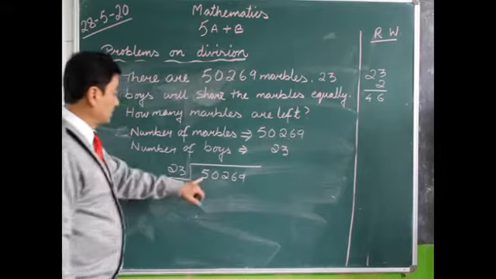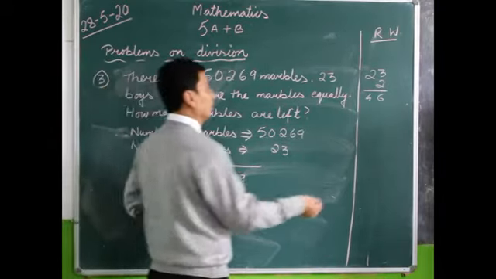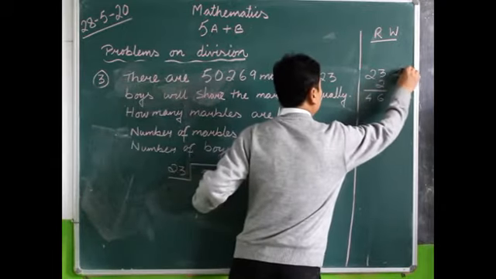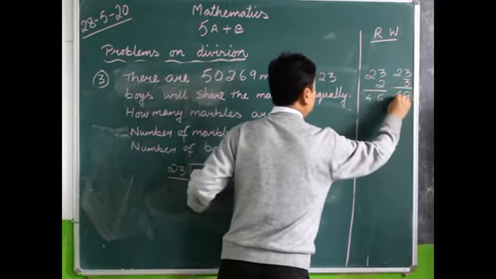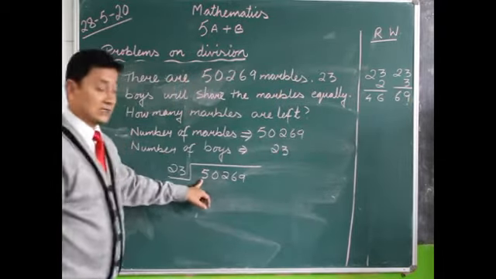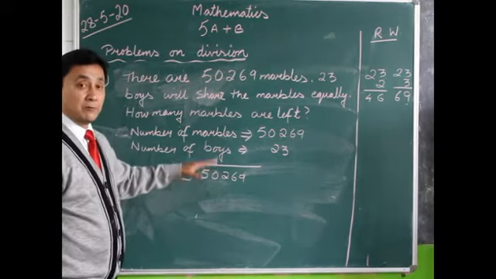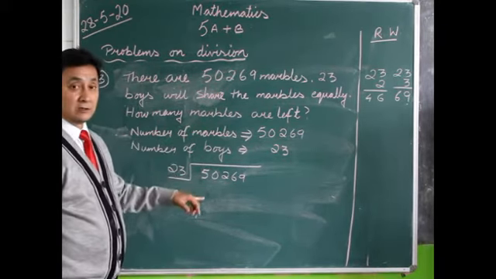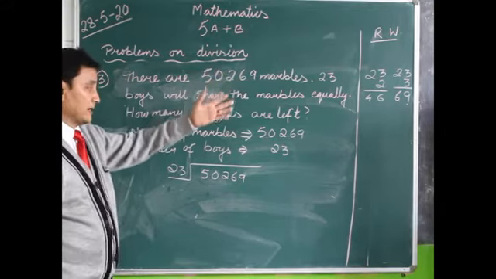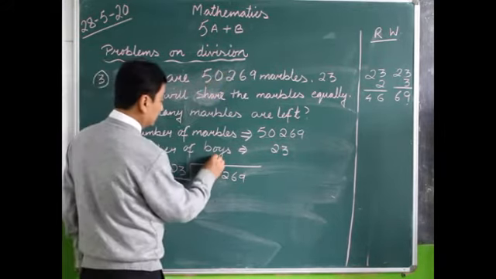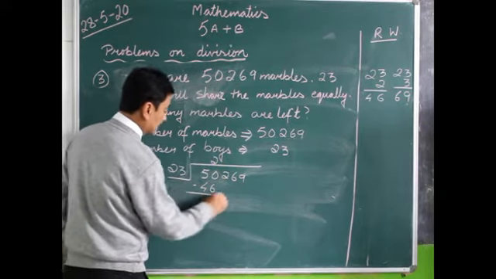We've got 46. 46 is less than 50? Yes, but let's make sure and multiply with 3 times. 3 3s are 9, 3 2s are 6. You get 69. Can you put 69 here? No. Very big. I hope you are trying this trick so that you may have to multiply only once or twice. So 23 2s are 46.